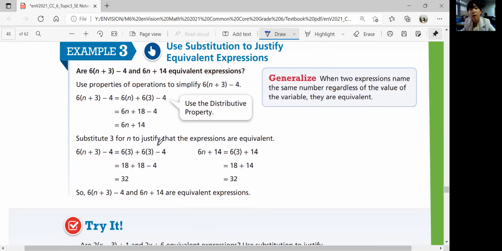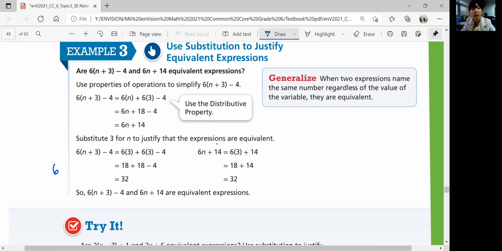Because, you know, if it's 1 or 2, there might be a chance that they're the same, but other numbers might not, right? So usually 3 would give you a difference when you have a different expression. So 6 times n plus 3 minus 4, substituting 3, you get 6 times 3 plus 3 minus 4. And then 6n plus 14, you get 6 times 3 plus 14.